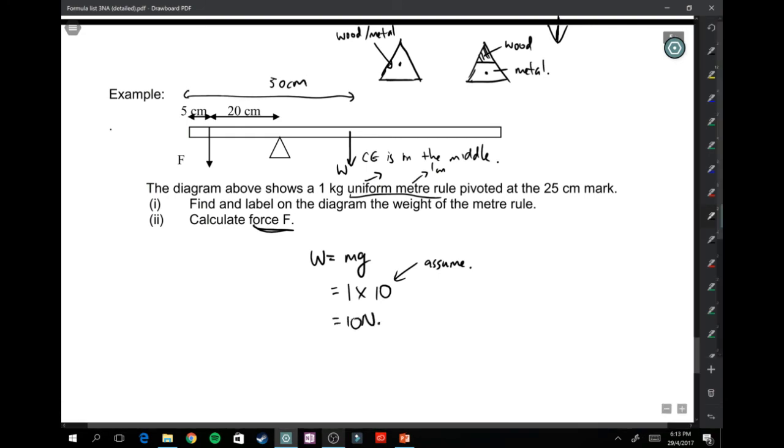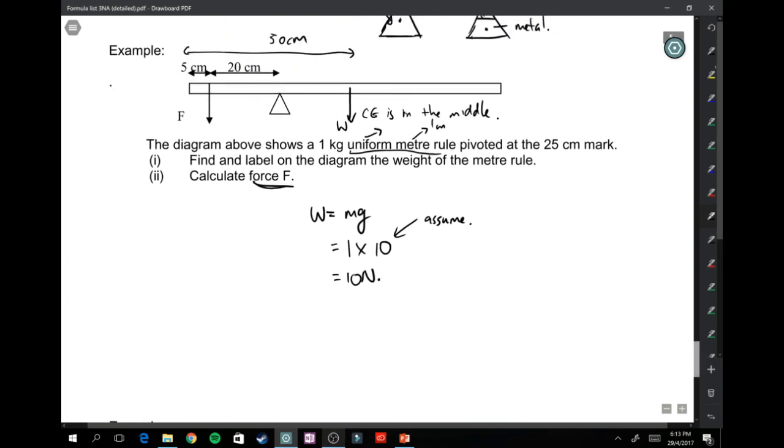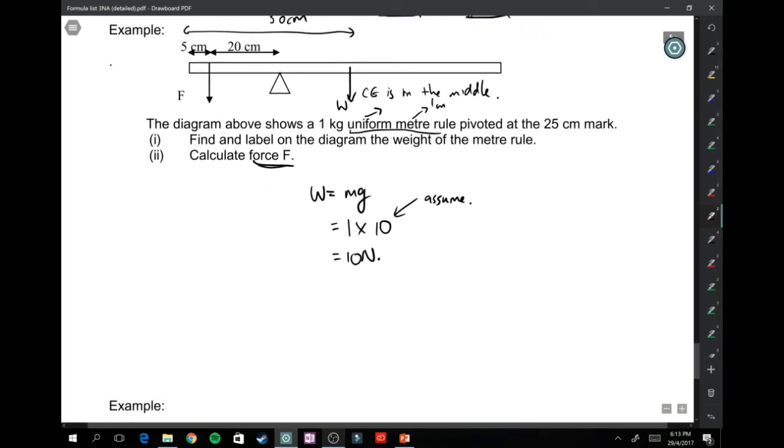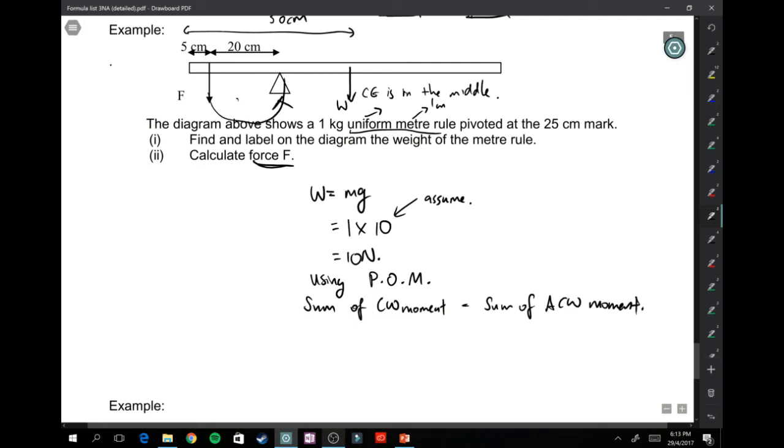Alright, so using the principle of moments, we have the sum of clockwise moment equals to sum of anti-clockwise moment. Okay, now we need to identify, does F cause a clockwise or anti-clockwise moment? So we do the same thing. We're gonna get anti-clockwise. Alright, you do for W, you do the same thing. You're gonna get clockwise.